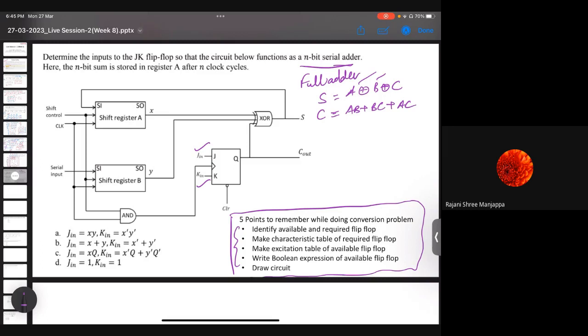It is fine. You can try this question. I'm trying to reconnect with the laptop.